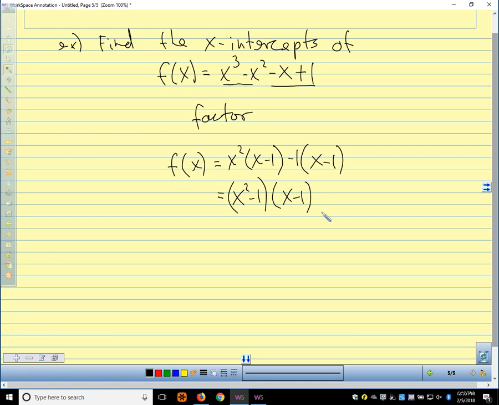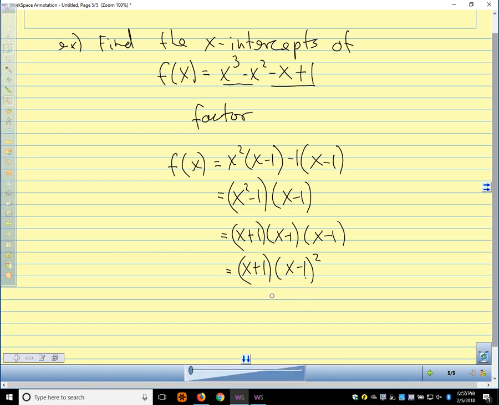Can I factor x squared minus 1? How about x plus 1 times x minus 1, times x minus 1? And then I could write this as x plus 1 times x minus 1 squared.